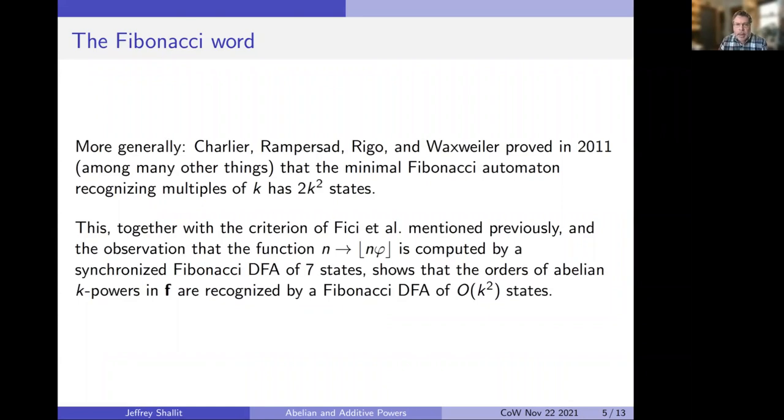So if you combine that with this criterion of Fici et al. for abelian powers, and you observe that the function that maps n to the floor of n phi is actually computed by a synchronized DFA of 7 states, where by synchronized DFA I mean it takes n and the floor of n phi in parallel in Fibonacci representation and accepts if indeed the function is computed correctly. That shows that the orders of abelian k-th powers are recognized by a Fibonacci DFA with O(k squared) states. So not that big then.